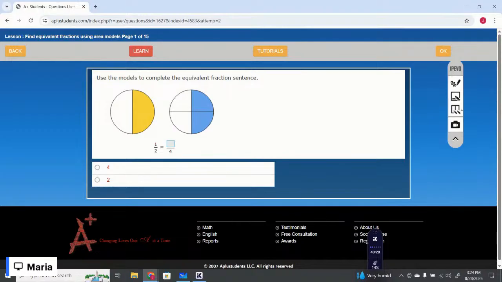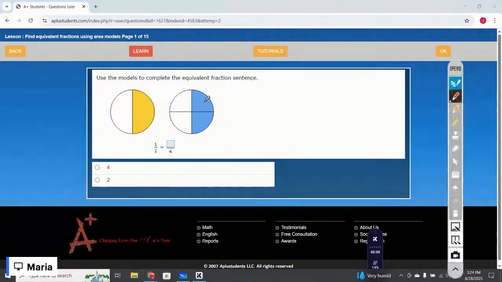So 1 out of 2 equals, because here 2 of them are colored, 1 out of 2 equals 2 out of 4.